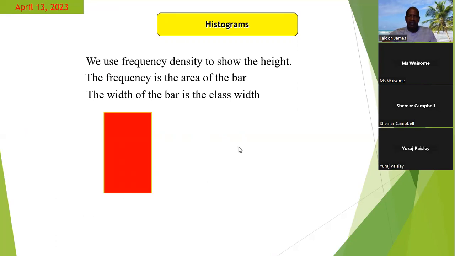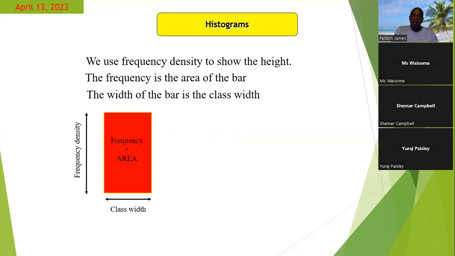All right. So I hope you are paying attention to what is being said here. We use frequency density to show the height, which is generally what we would put as the frequency. But instead of putting the frequency on the vertical axis, what are we going to put on it? Frequency density.